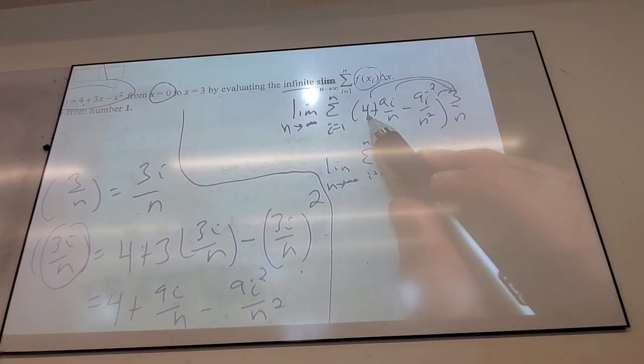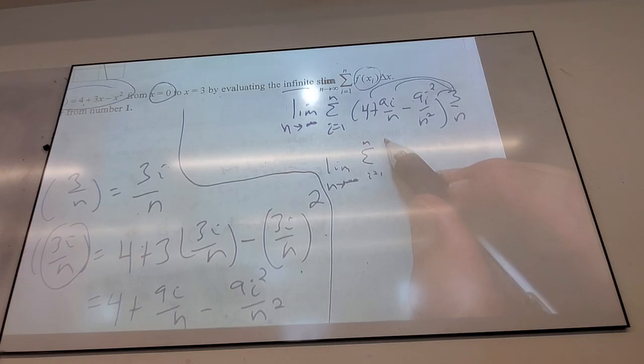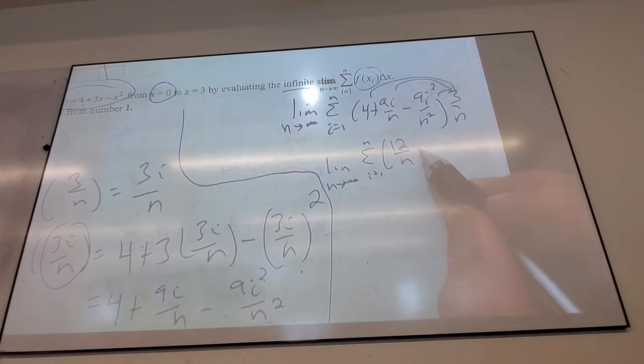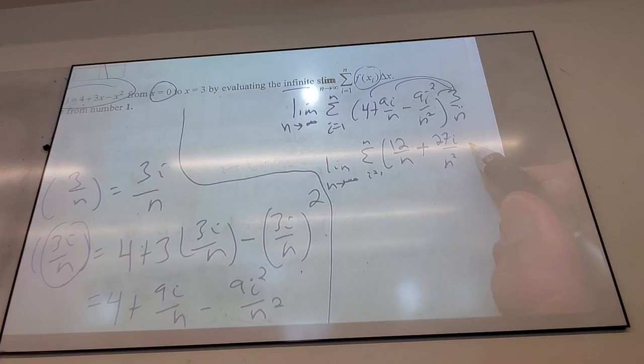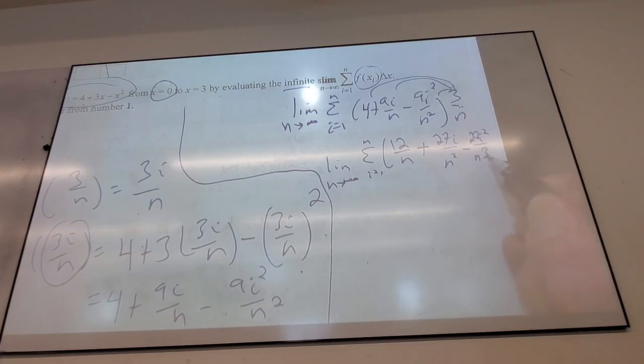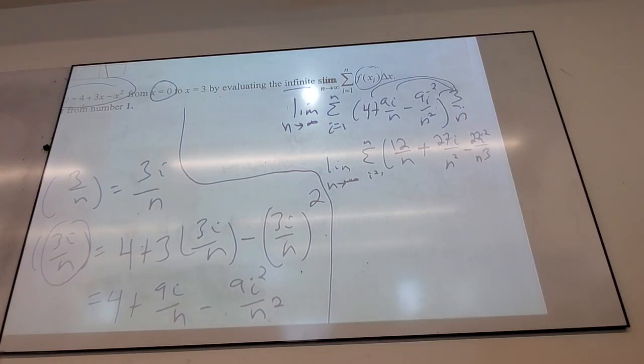So 3 over n times 4, you're not going to believe this, is 12 over n. What's 3 over n times 9i over n? 27i over n squared. And then 3 over n times 9i squared over n squared is 27i squared over n cubed. Oh boy, the king of not enough space is back.